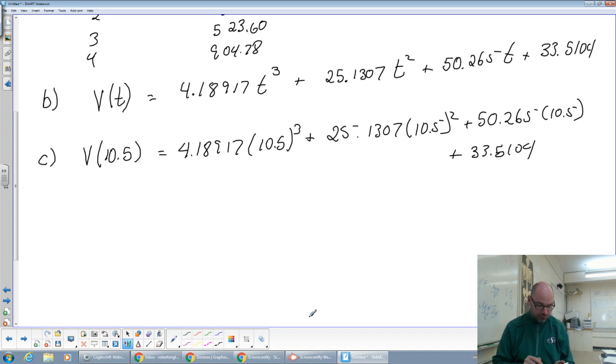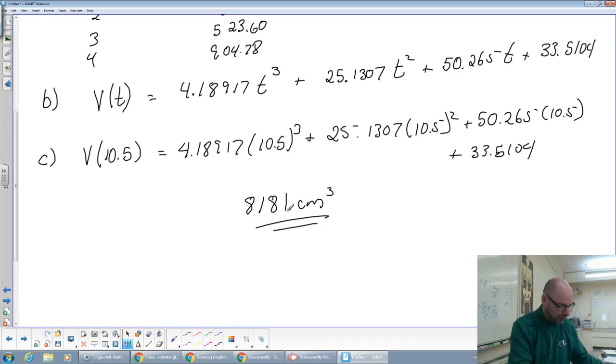You could probably round those a little bit if you want to. I'm going to go to the nearest one there. I got 8,181 cubic centimeters. Okay, so that's why I use the equation.